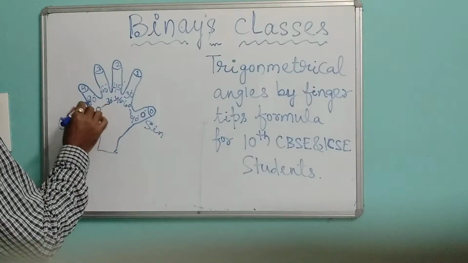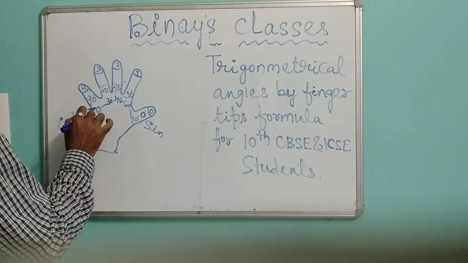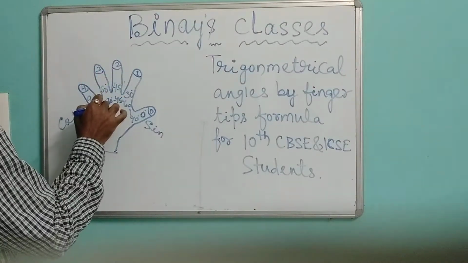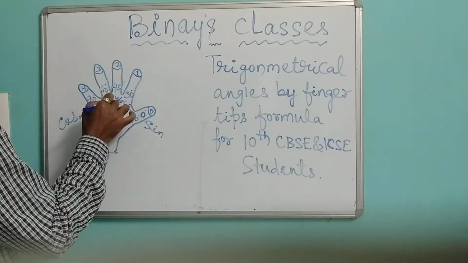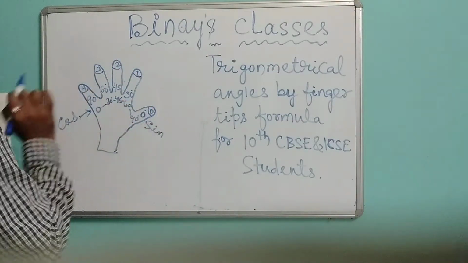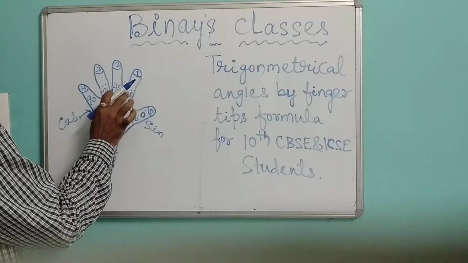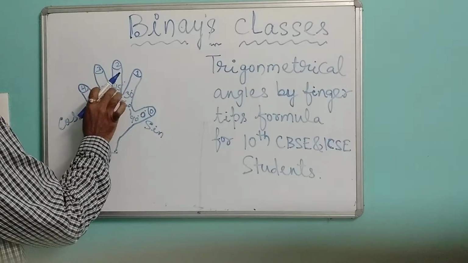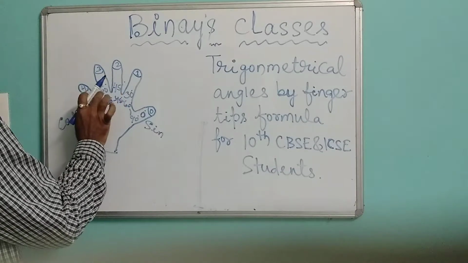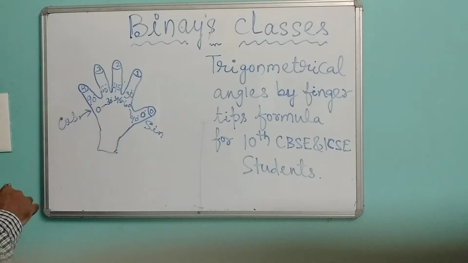So now you will understand: for cos, this one is 0, second one 30, middle finger 45, index finger 60 and thumb is 90. But for sine, thumb is 0, then 30, then middle finger 45, then 60, then small finger is 90.